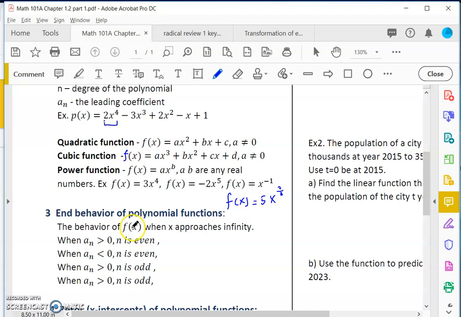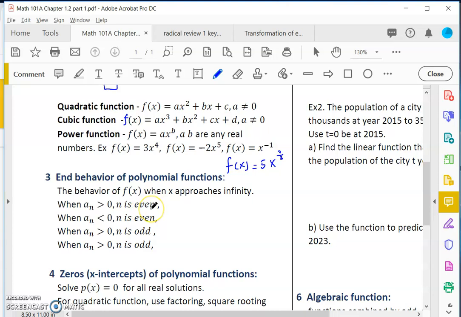It turns out that polynomial functions have something in common in how they end, or we call it the end behavior. So what is the end behavior? The end behavior is what f of x or y looks like when x approaches infinity from the positive or the negative side.